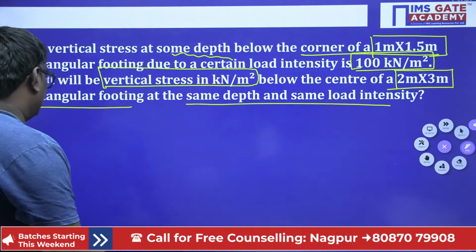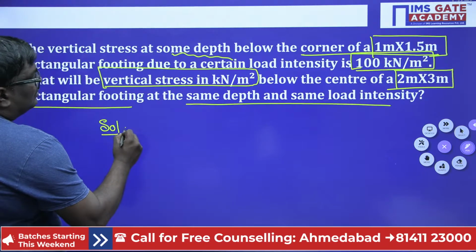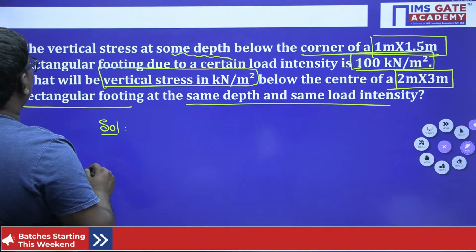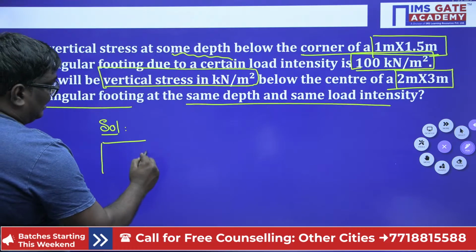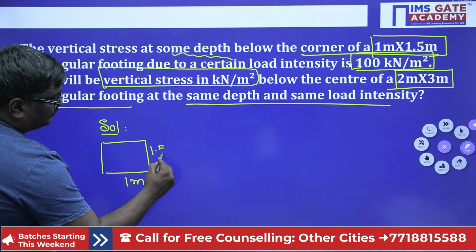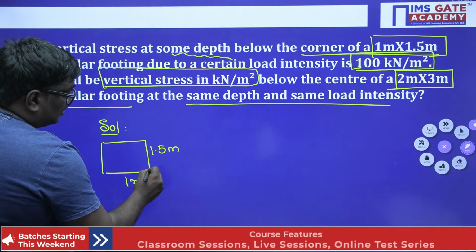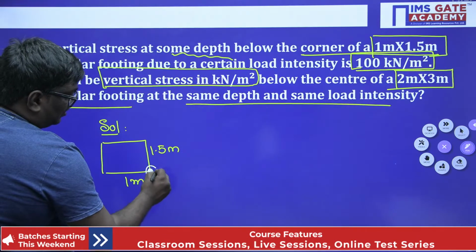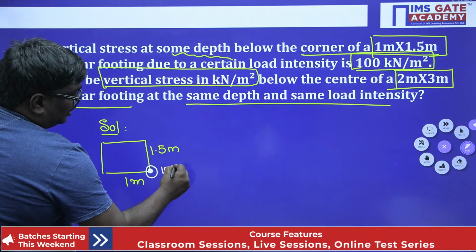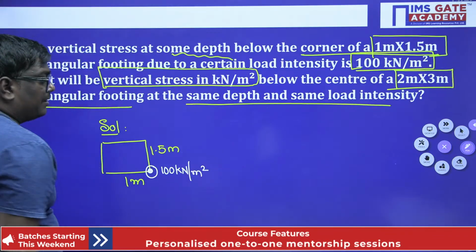Okay, now see, students, when you understand this problem, they have given a rectangle of 1 meter into 1.5 meter, and the stress at the corner is 100 kilonewton per meter square, at any one of the corners.